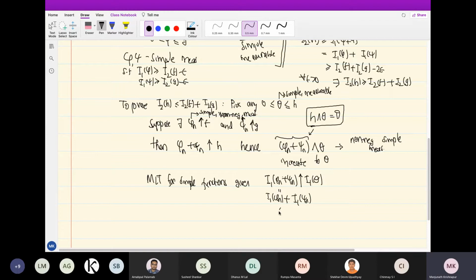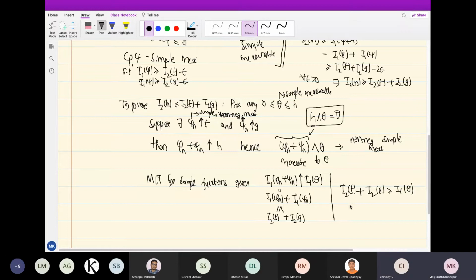But of course, that is less than or equal to I2 of f plus I2 of g, because phi n's are below f and psi n's are below g, right? So what this implies is that I2 of f plus I2 of g is greater than or equal to I1 of theta.